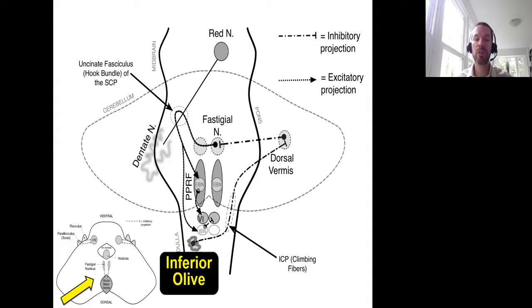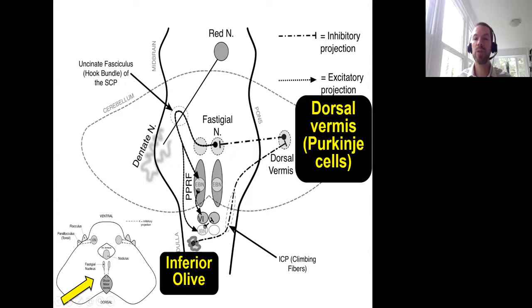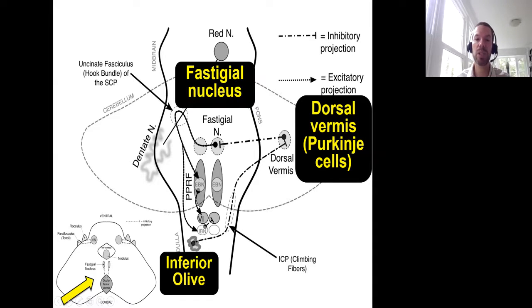So the main structures that we care about in the saccade circuitry, this loop, is the inferior olive. These fibers are going to decussate and climb via the inferior cerebellar peduncle to the dorsal vermis, where we have these Purkinje cells. These Purkinje cells are going to project onto the vestibular nucleus.